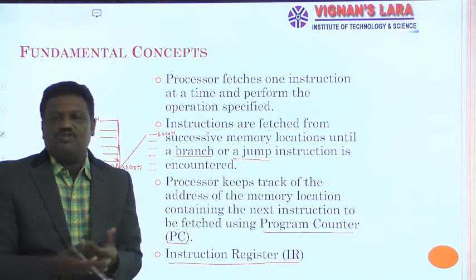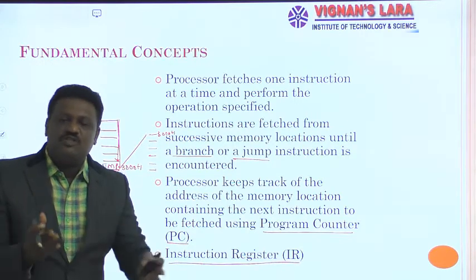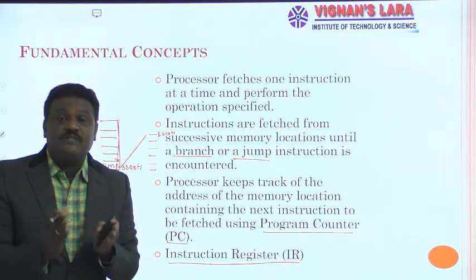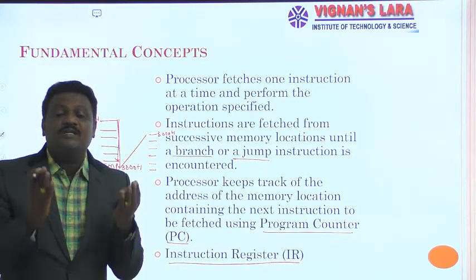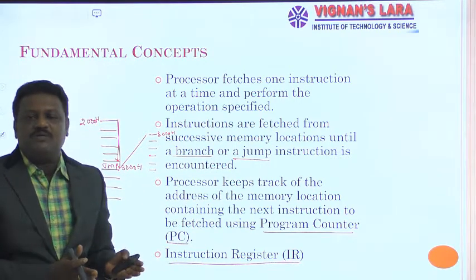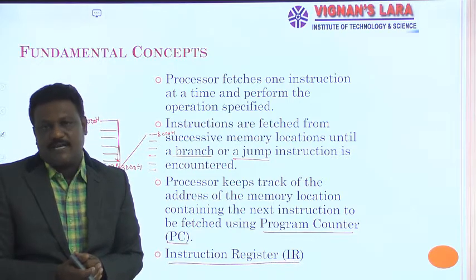What instruction is your CPU going to execute? After fetching your instruction, fetching means bringing the instruction from the memory to the CPU. The instruction fetching is over only when the instruction which we are reading from the memory is copied onto the CPU register, which is the instruction register IR.